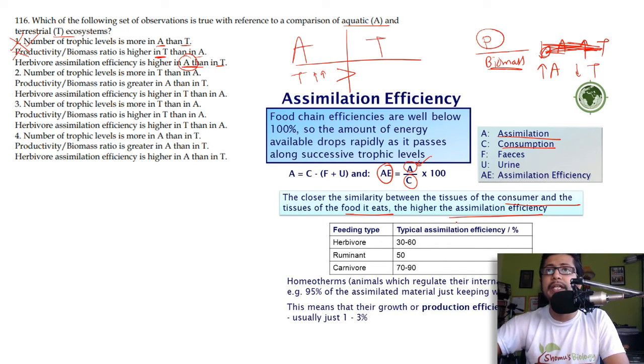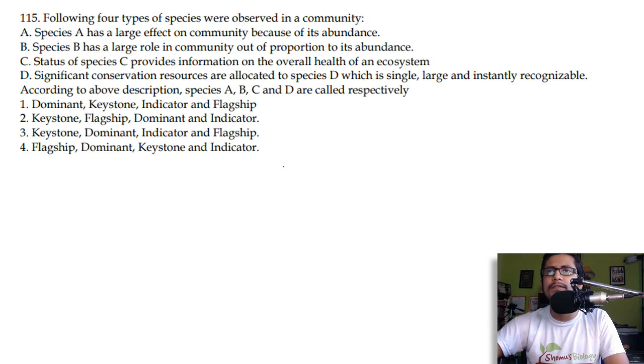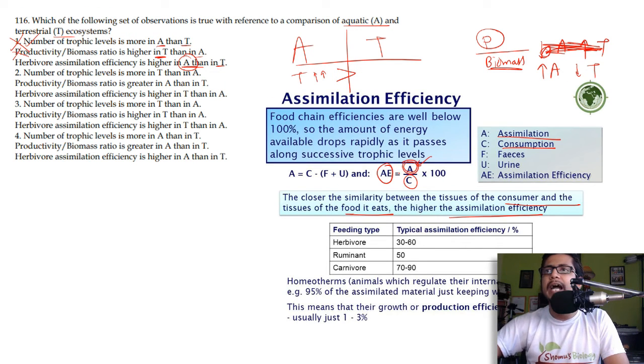We know that. Now the closer the similarity between the tissue of the consumer and the tissue of the food it eats, the higher the assimilation efficiency. Now think about this assimilation efficiency, the assimilation of energy after eating the food, and the same amount that is used there is released from the body.